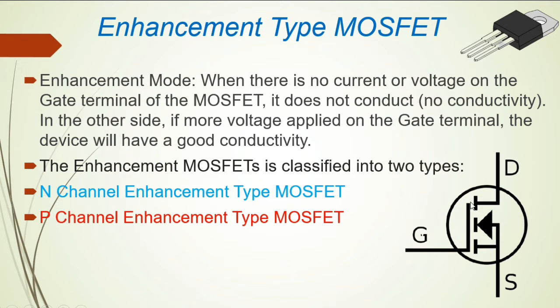If we apply a voltage here, this part of the MOSFET will conduct the electric current. So if the voltage is present, we have conductivity here. If not, we will not get any conductivity.